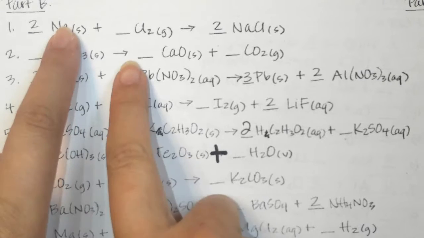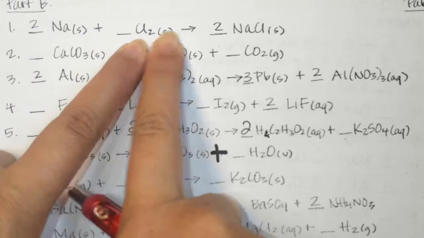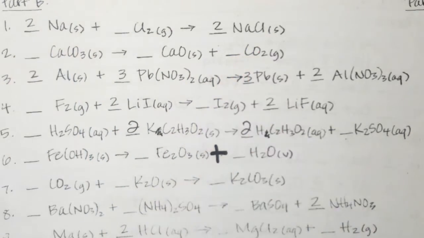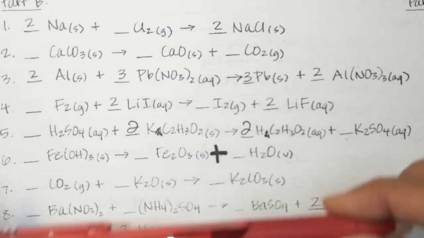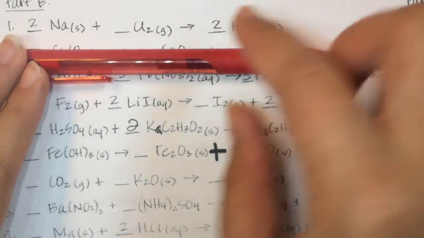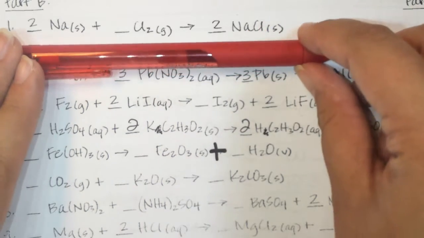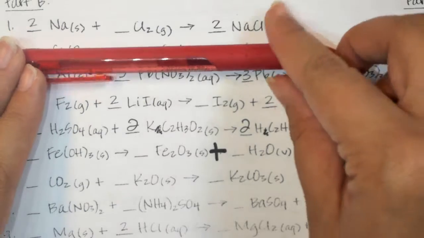So looking at Na plus Cl and it forms sodium chloride, what type of reaction should this be? It should be synthesis because I have two different elements becoming one new compound. So you should have put an S next to it.